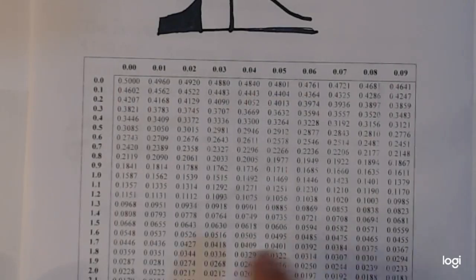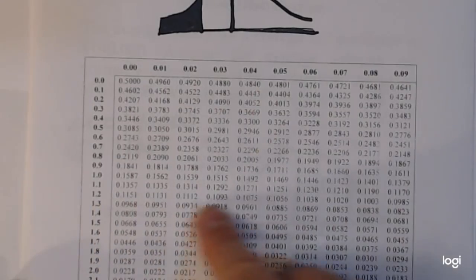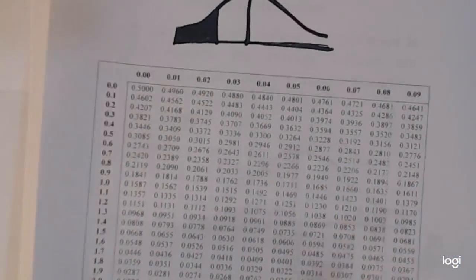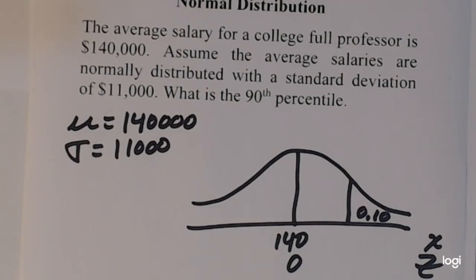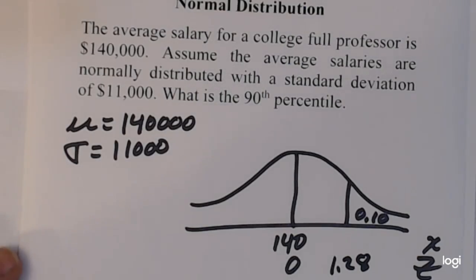And if we do that, we can come over to 1.28, which is 0.1003, which is 3 10,000ths off. It's pretty close. So 1.28, 1.2, and over to the 8th column. 1.28 is our z value. Now we're going to try to find our x value.